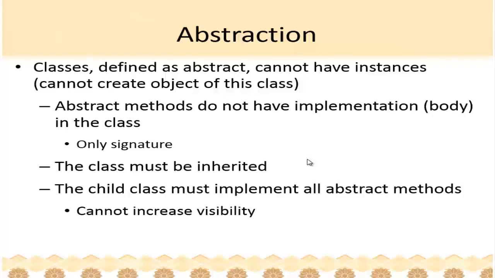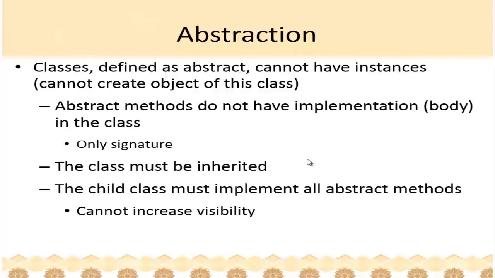So you will have to go for inheritance, and the child class which extends this particular abstract class has to override or has to implement the methods of the abstract class. And the other one is, if the abstract class has a protected scope, you cannot make that method public.